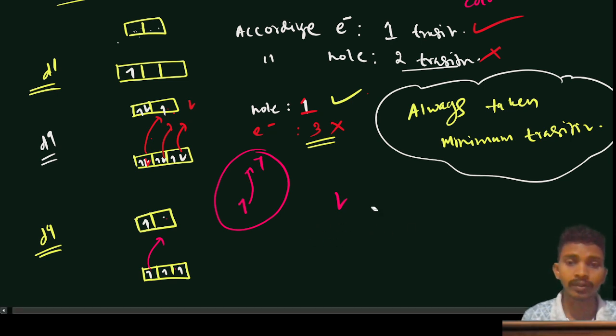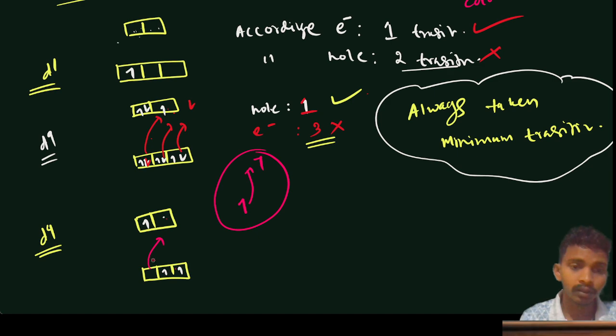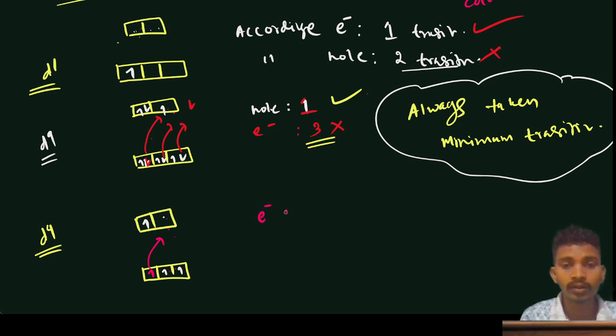Here also the spin is not changing, so it is possible. According to electrons, total transitions are 3, but the hole is only 1. Here space is there, but if I do the transition I have to change the spin, and changing spin is not allowed. So according to hole, only 1 transition is possible, so here we will talk according to the hole.